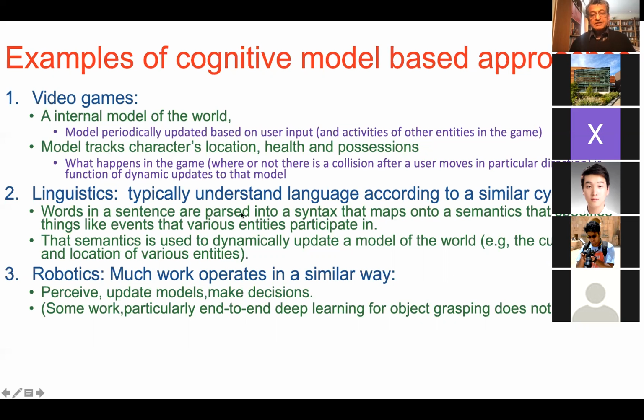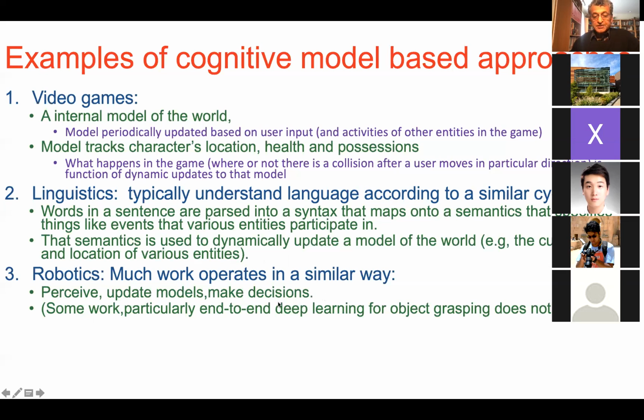In linguistics, we typically understand language according to similar concepts. Words in a sentence are passed into a syntax that maps into semantics. That semantics is used dynamically to update a model of the world. So linguistics also has used the idea of cognitive models, but today the deep learning methods are doing much better.